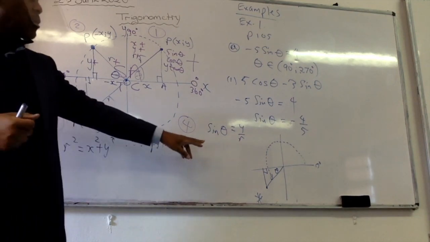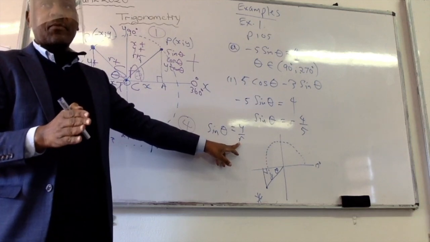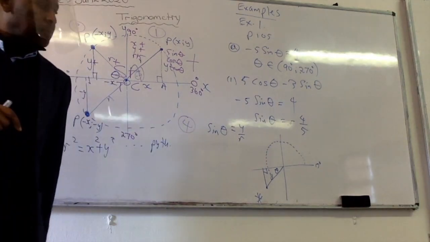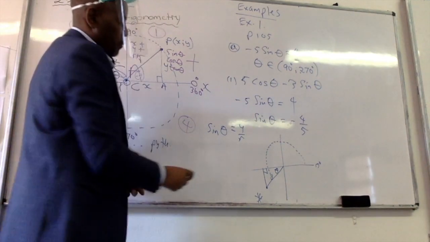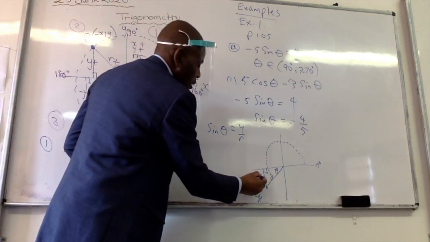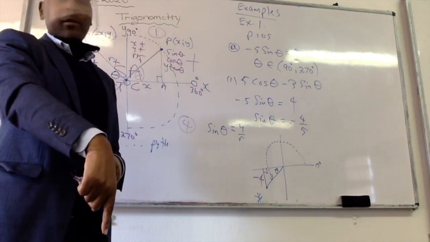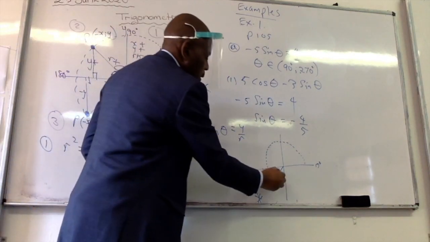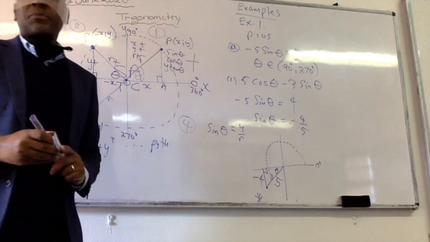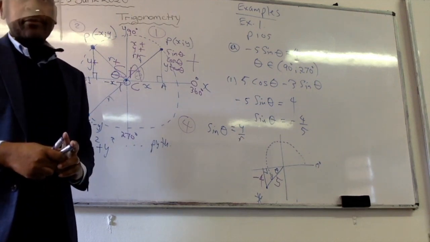If sine theta is y over r, then remember that r is always positive. So negative 4 will be on the y, which is the opposite. So this one should be the negative 4. And it's okay because it's going down, eh? So negative 4, and 5 will be the hypotenuse. We happy with that one?